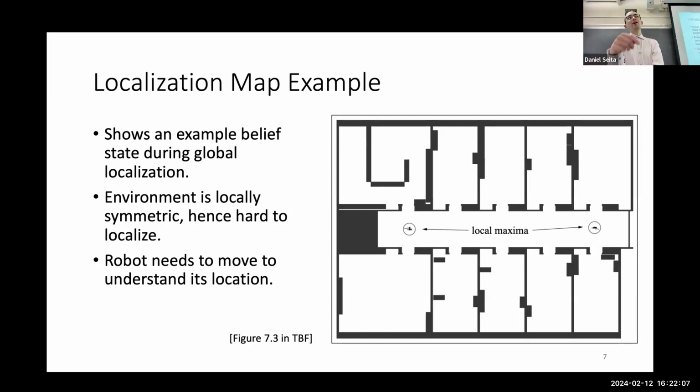Yes, if the map includes more information about the doors, or indicators of which wall the agent is looking at, like this is wall number 7 and this is wall number 42, then this is no longer a local maximum, because you can distinguish which one it is.